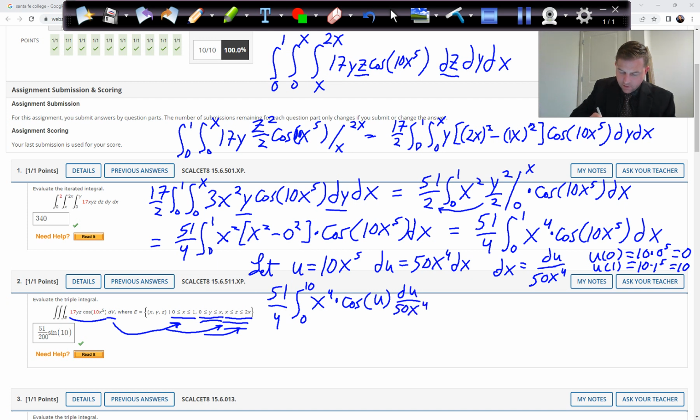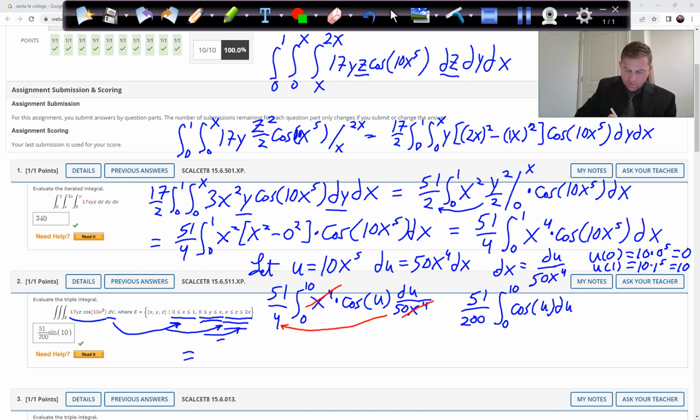And like I've been saying, if we've done our u substitution correctly, all the non-u terms should go away. So x to the 4th on top, x to the 4th on bottom. I'm going to pull the 50 into this 4. We will get 51 over 200, 50 times 4, antiderivative of 0 to 10 of simply cosine u du.